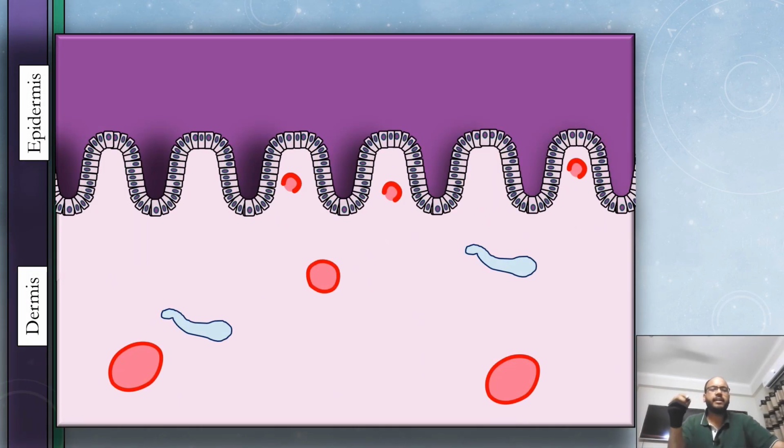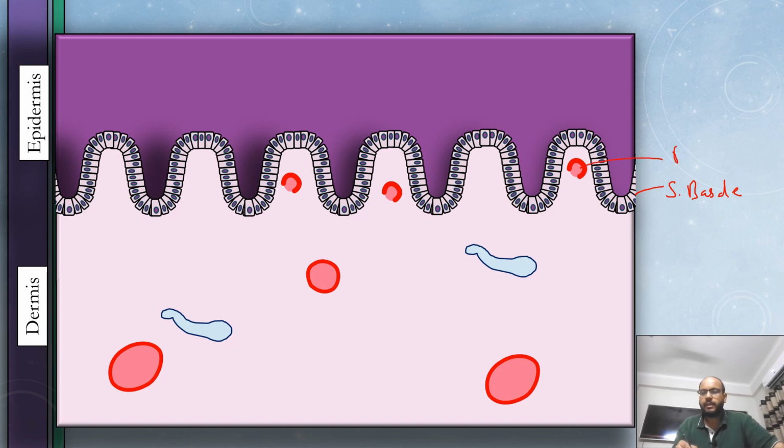So let us understand what exactly is lichenoid tissue reaction pattern. Okay, so we have the epidermis, we have the dermis, and this is the basal layer, the stratum basale. We can see the basal keratinocytes arranged in a line at the basal layer.